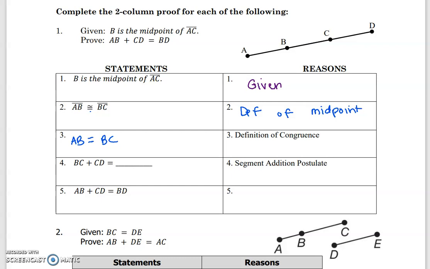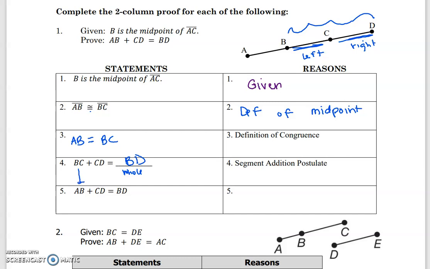Segment addition postulate: left plus right equals whole. So this time they're talking about BC, this is the left, CD, this is the right, what's the whole? That's the question here. So it would have to be BD. And then what's changing from this step 4 to this step 5?